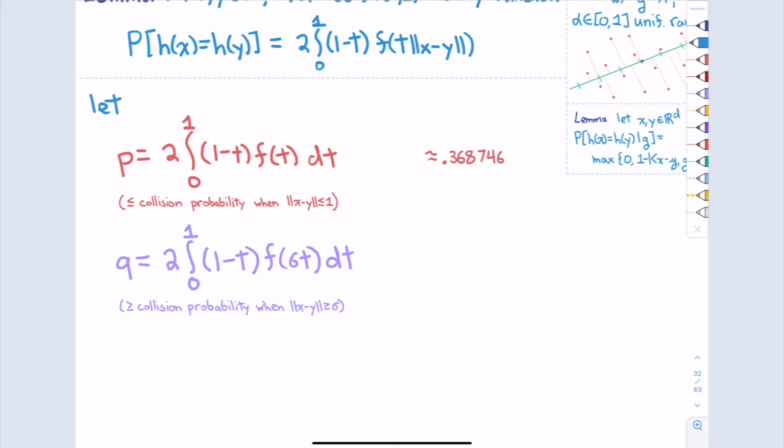So in particular, p is a lower bound on the odds of two things colliding when the distance is very small, and q is always an upper bound on the odds of things colliding when the distance is very far. What we're going to do is an analysis in terms of p and q, and at the end, understand their implications. There may be some calculations related to sigma in there, but we're not going to worry about it.